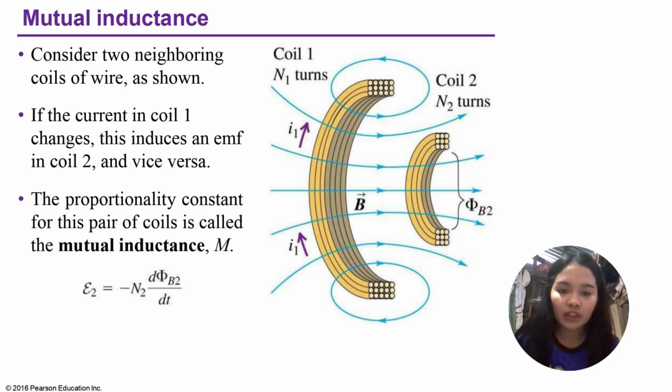The mutual inductance, denoted by capital M, is the proportionality constant that relates the changing current in one coil to the induced EMF in the other. The equation shown on the screen mathematically expresses this relationship. The negative sign indicates Lenz's law, which states that the induced EMF opposes the change in magnetic flux.